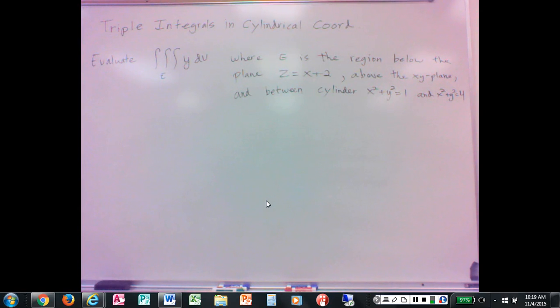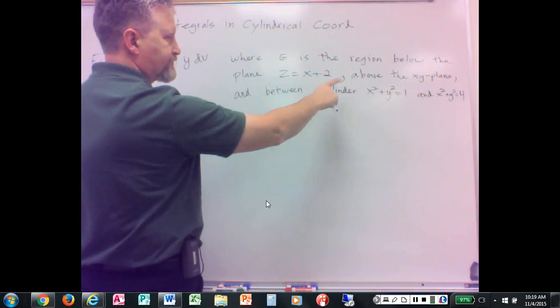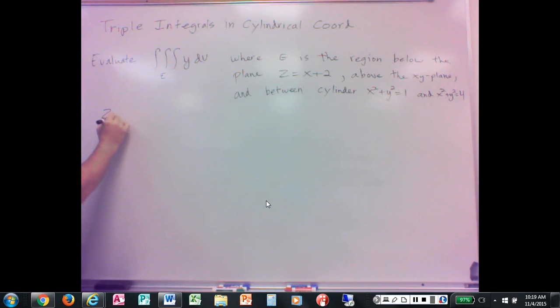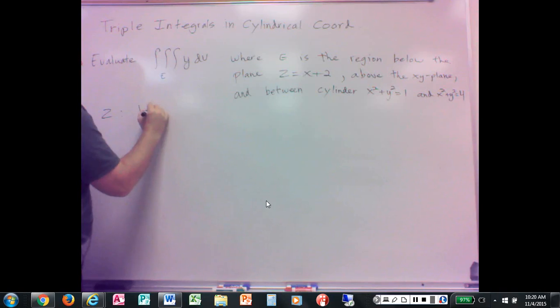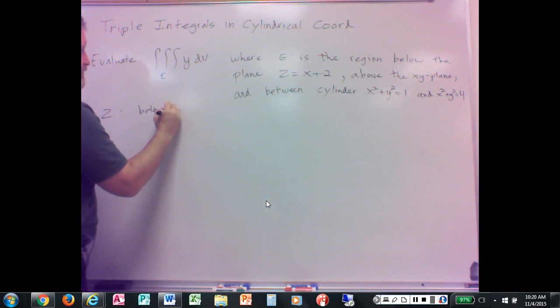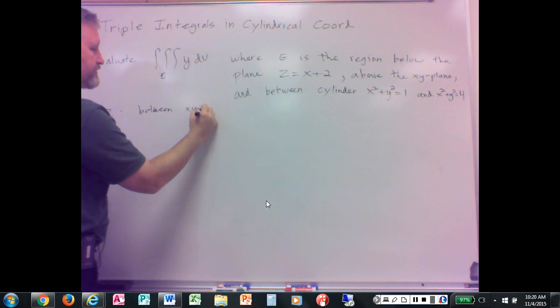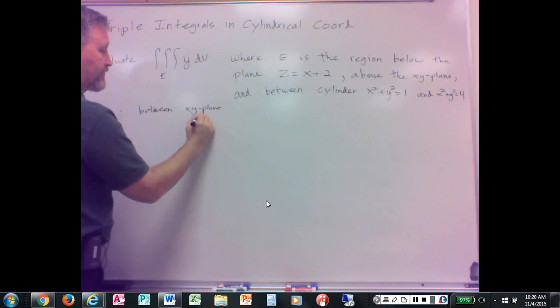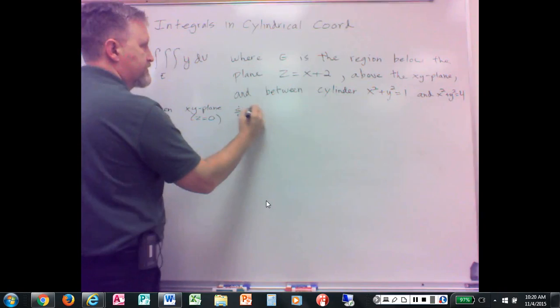Okay, well, what we need to do is, of course, work on the r's and the thetas and the z's. Let's start with z. Basically, z is going between the xy plane, which is z equals 0, and z equals x plus 2.